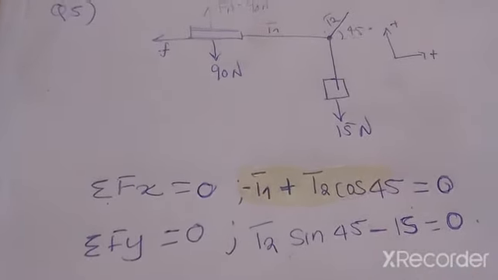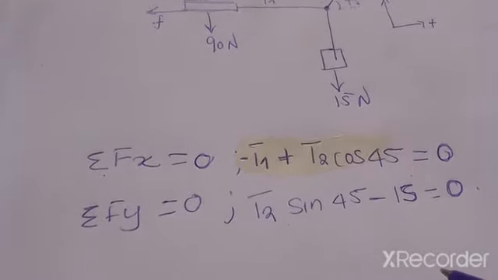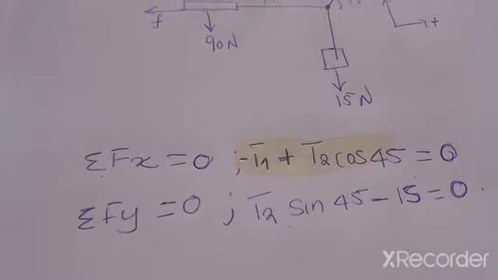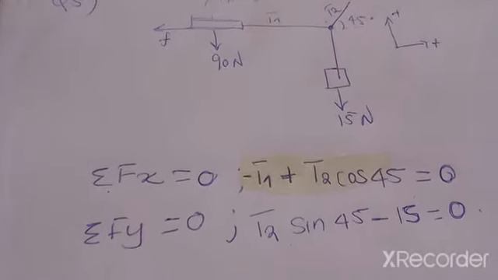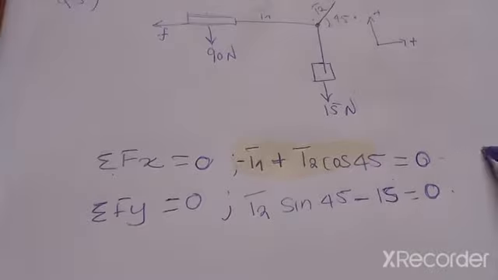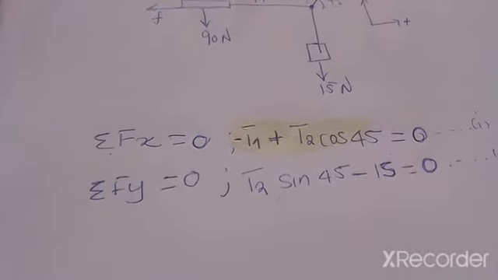That's what we have. So we want to find out the value of T1. Can we find T1? Yes, of course we can. Let this be equation 1, this be equation 2.